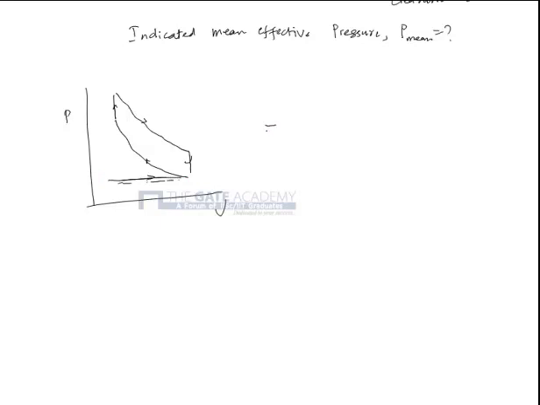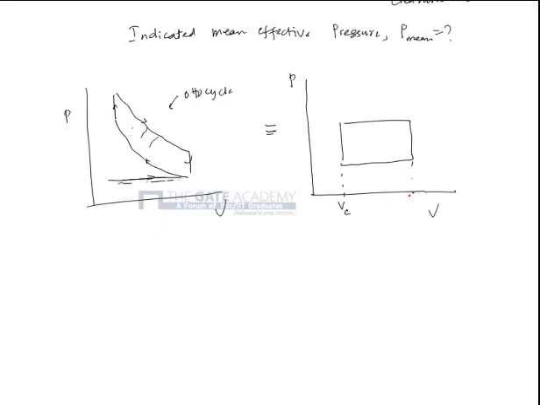Now most of the time this Otto cycle is represented with a rectangle, such that the minimum volume is your clearance volume at the bottom dead center, and the maximum volume is Vt.